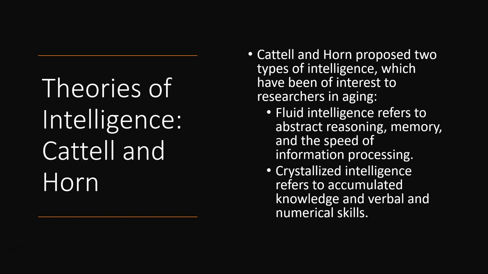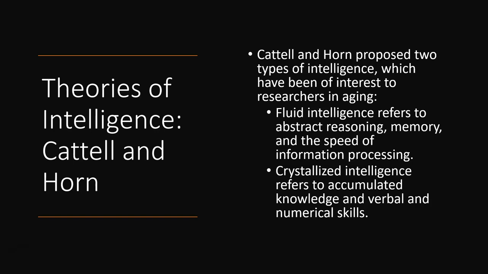Either they wanted to find people who were very vulnerable in terms of their intellectual capacity and provide them with remediation or protection, or they were looking at developmental questions, specifically with children. Cattell and Horn were more interested in aging.